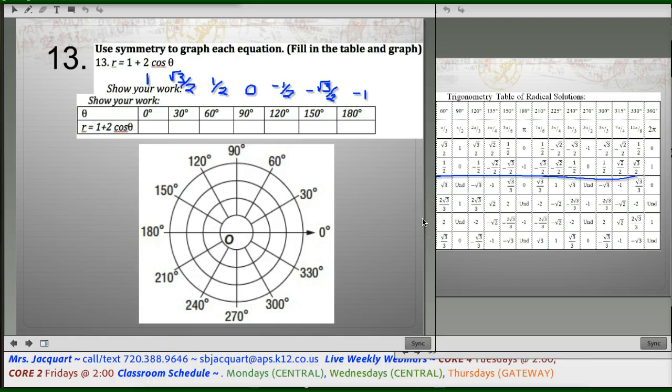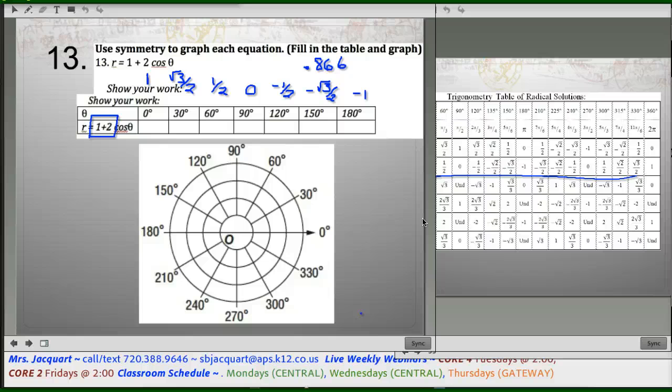So square root 3 divided by 2 is approximately 0.866. Then in the table below it, I'm going to times it by 2 and add 1.